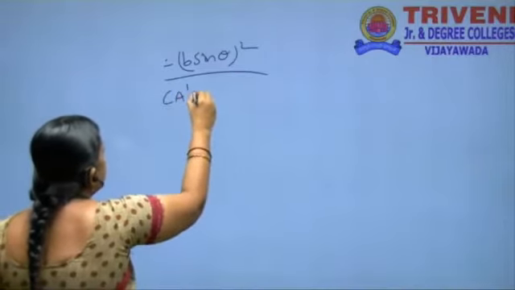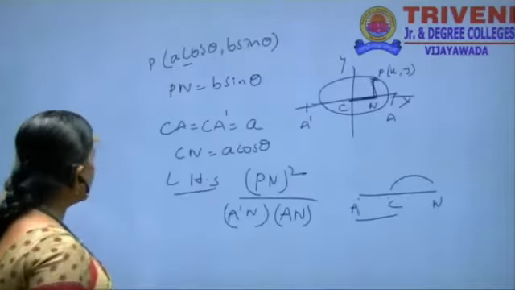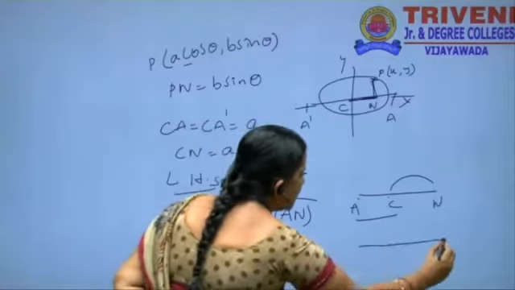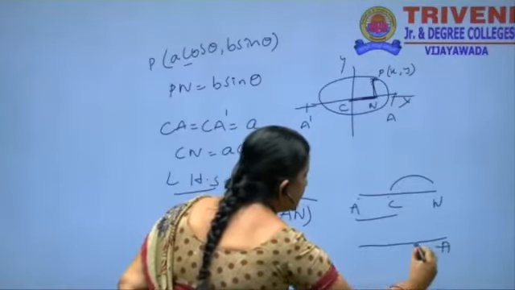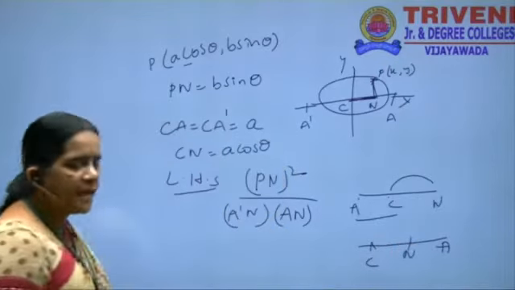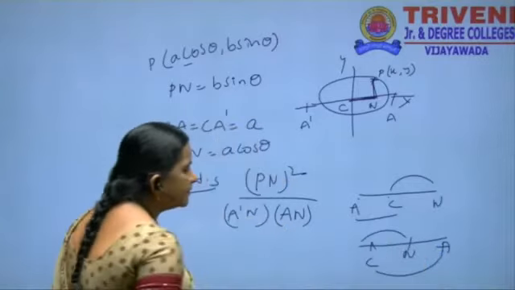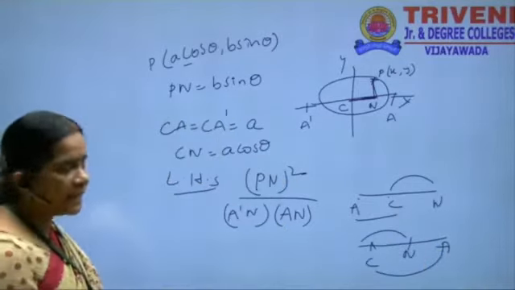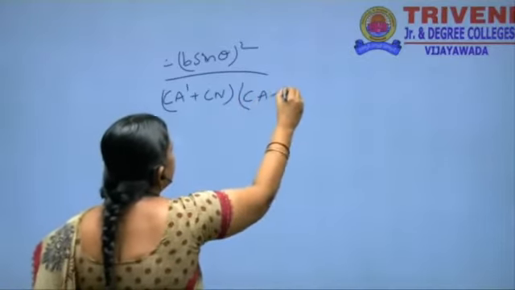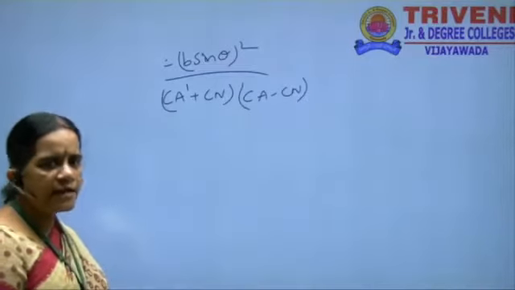In the diagram, A is here, N is here, C is here, so AN can be written as CA minus CN. Already you know the values of CA, CA' and CN.